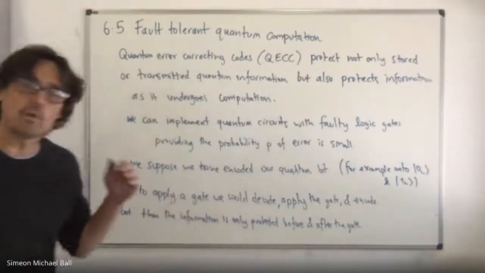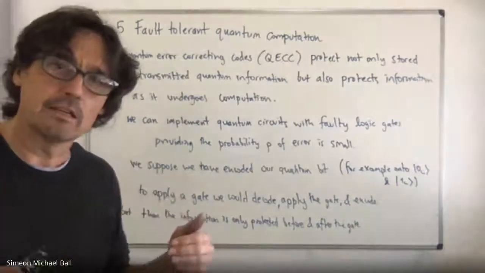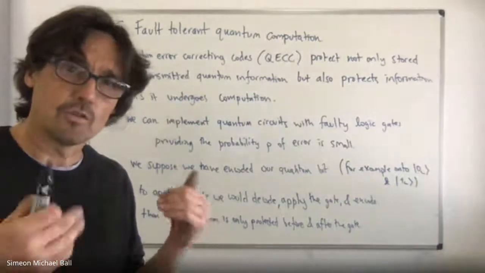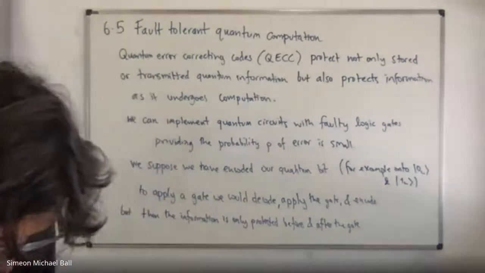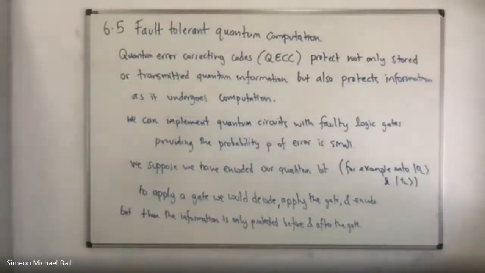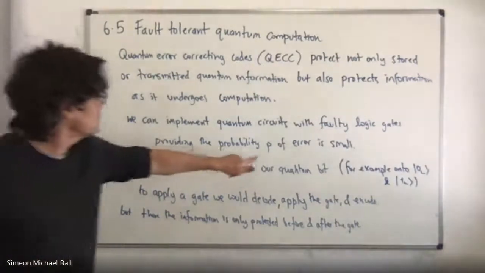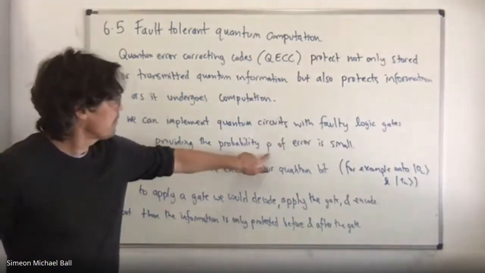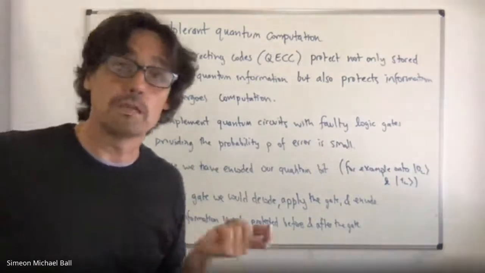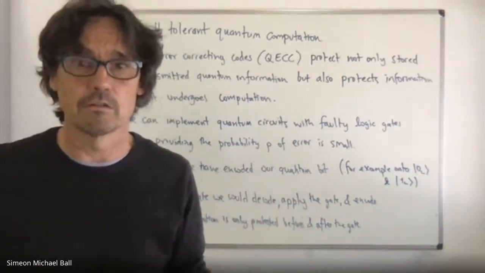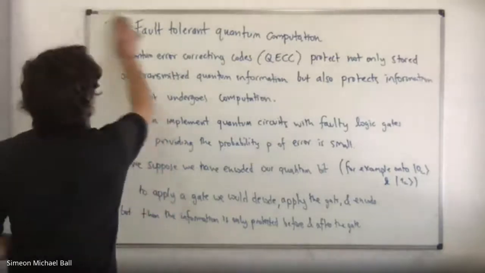So what we want is a way of applying the gate to our logical bits in a fault tolerant way. So in fact, what we're going to define as fault tolerant is if the probability of something going wrong is p, we want the error to be p squared or some constant times p squared. Okay, so that's going to be the idea.